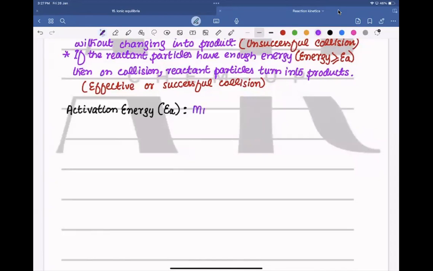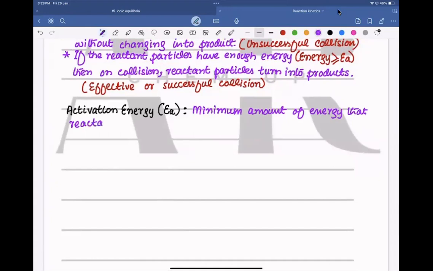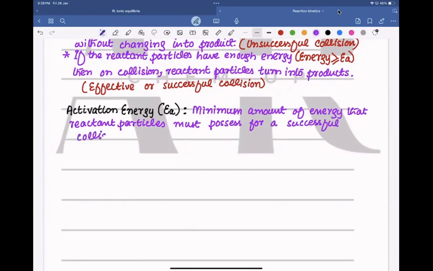We can say it is a minimum amount of energy that reactant particles must possess for a successful collision.